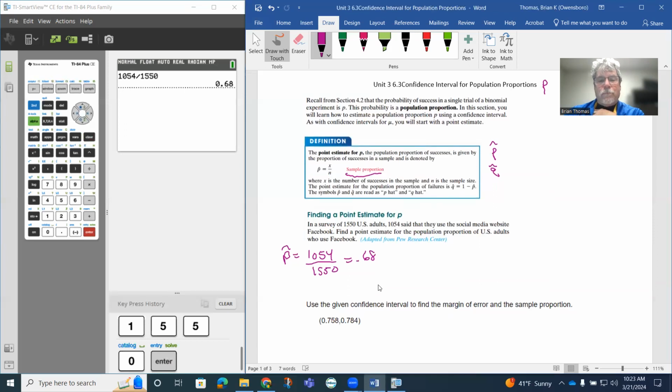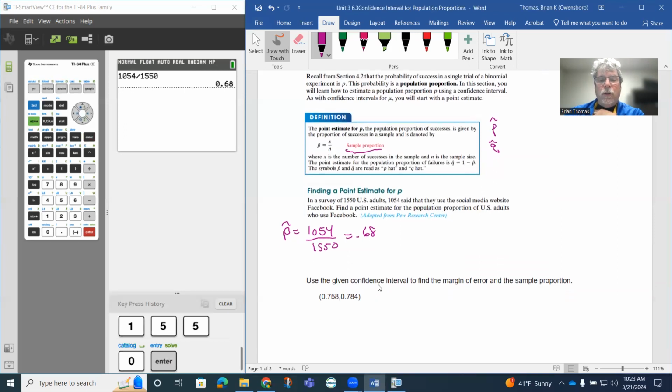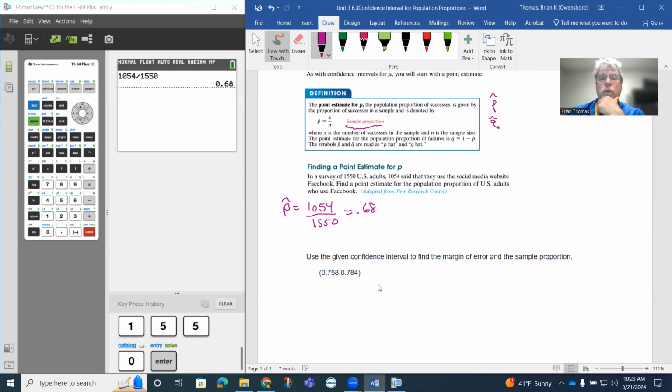So let's look at another example here before I stop the video. In your homework, you may be given a confidence interval, and you may have to find the margin of error and the sample proportion. So we've already talked about confidence intervals from previous sections. Notice how here we could break this back out as an inequality.